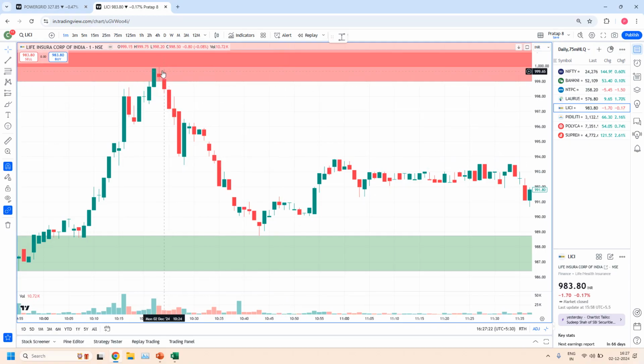Of course, you should add a small entry buffer. How much entry buffer? Minimum 5 paisa, if you would have added, your trade is executed. From this proximal to the high of this candle, the difference is only 5 paisa. Definitely you will add more; this is a 1000 rupees stock, so you will add at least 50 paisa or 60 paisa, up to a maximum of 1 rupee entry buffer.